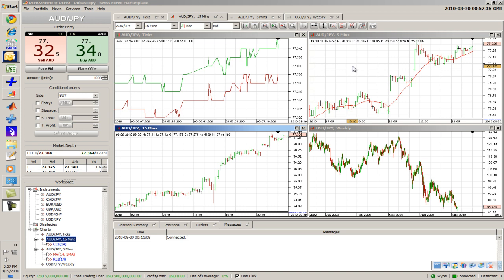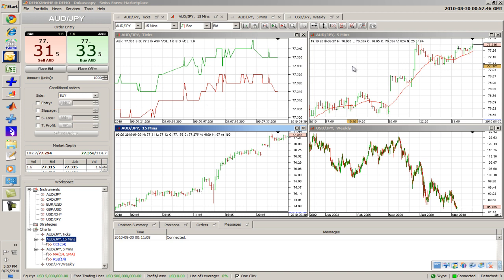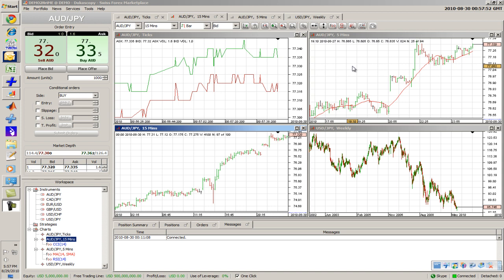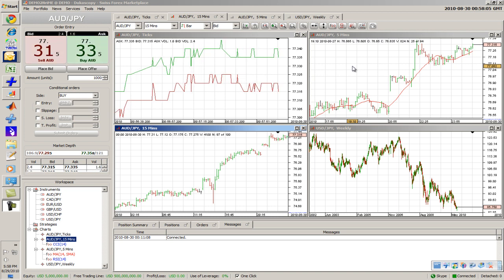Now, it's very important to realize that the reason the Australian dollar is such a great gauge for risk is because the Australian dollar is so wedded to the price of commodities, similar to the Canadian dollar. But the Canadian dollar has a little bit less liquidity than the yen, and it also has a bias towards North American demand and the U.S. economy.